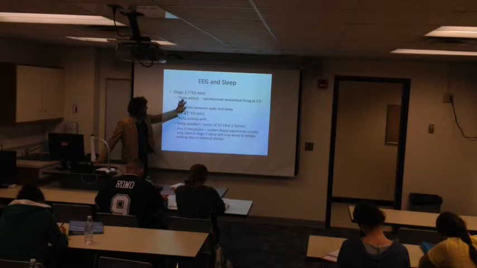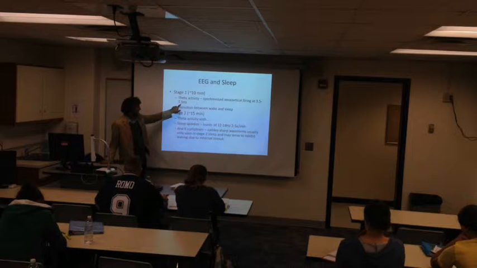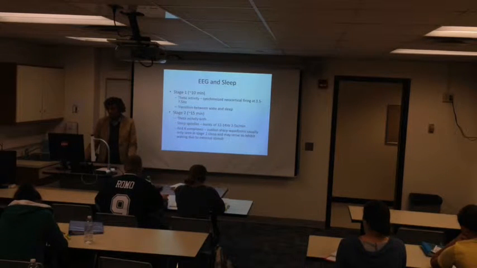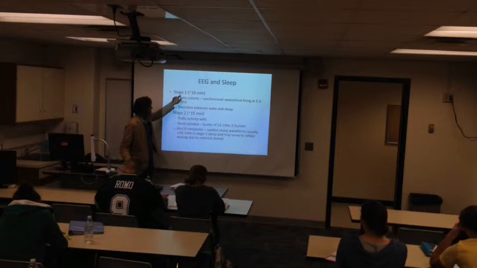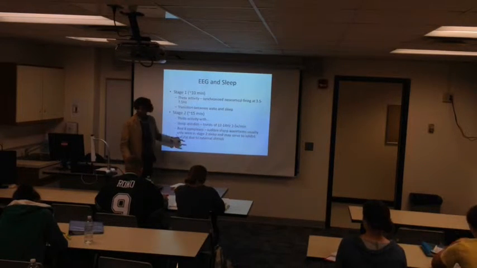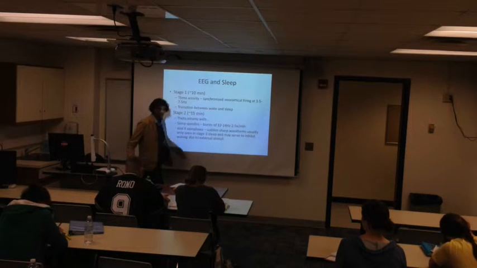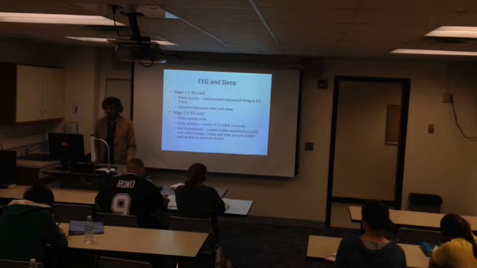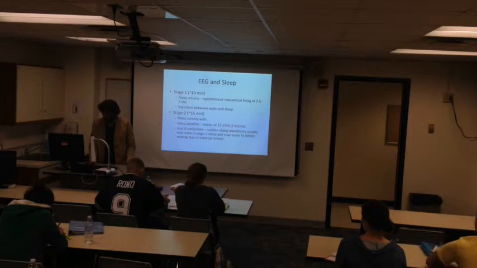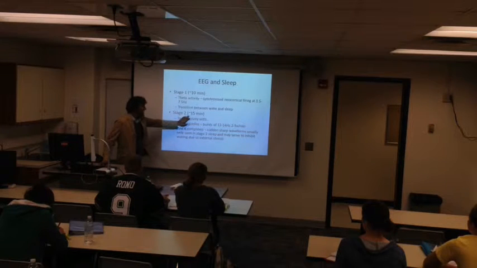Theta is synchronized neocortical firing at about 5 to 6 hertz, somewhere between 3.5 and 7.5. And this really serves as a transition between waking and sleeping. Later we'll be talking about some unique things that can happen during that transition, like hypnagogic hallucinations. That lasts about 10 minutes, and then you enter into stage 2 sleep.